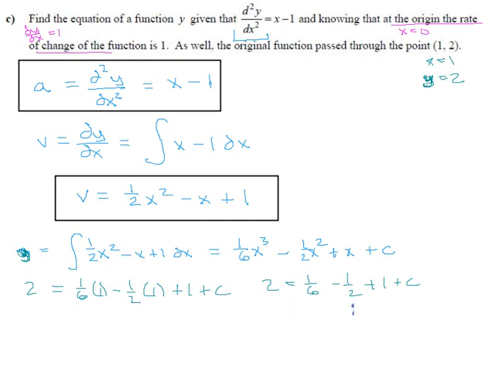I don't want this to be all fractions, so I'm going to multiply the whole thing by the common denominator, 6. 2 times 6, 1/6 times 6, 1/2 times 6, 1 times 6, and c times 6. So if we clean this up, we have 1 minus 3 is -2, plus 6 is 4. Subtract that to the other side, we get 8 equals 6c. And that tells us c is 8/6, which is 4/3.